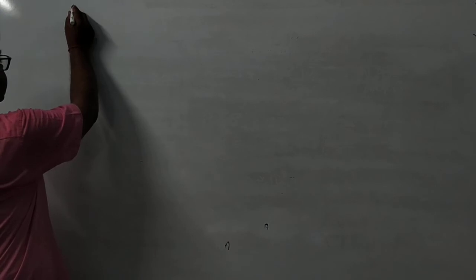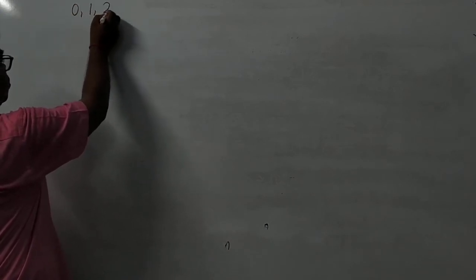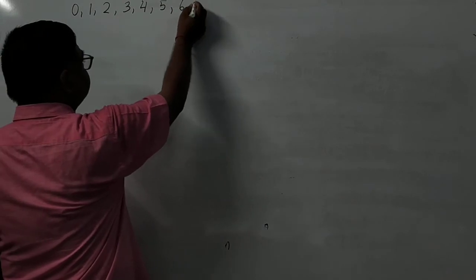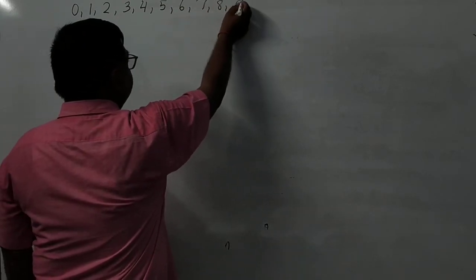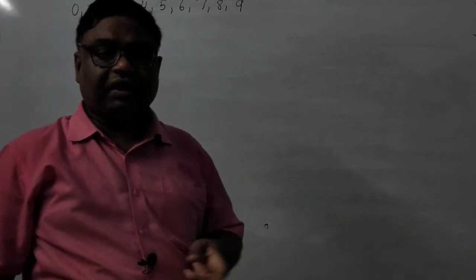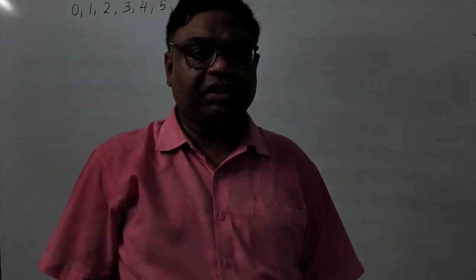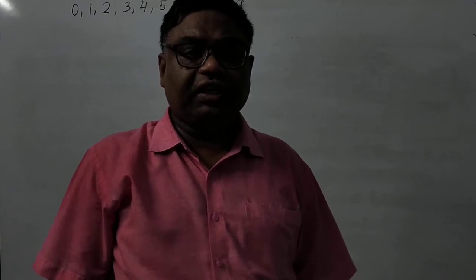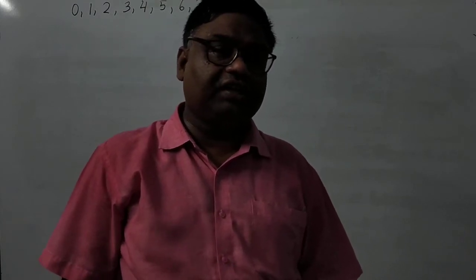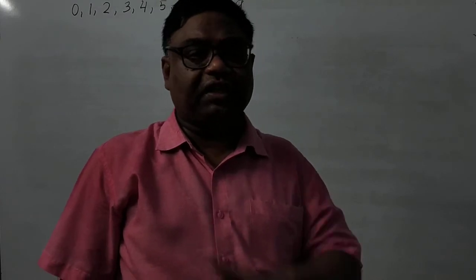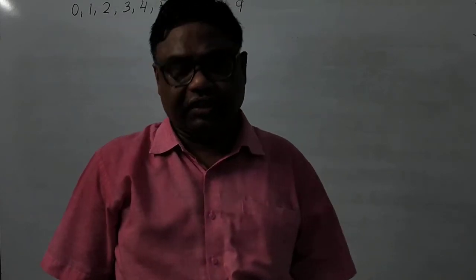First, remember that there are 10 digits: 0, 1, 2, 3, 4, 5, 6, 7, 8, 9. These are the digits as well as numbers, but the rest are all numbers. 10 is not a digit, 12 is not a digit, 21 is not a digit. It is a number formed from digits, but these ten are numbers as well as digits.